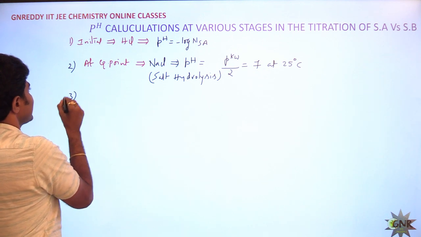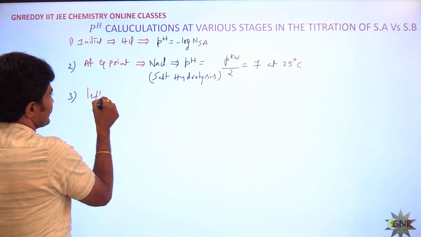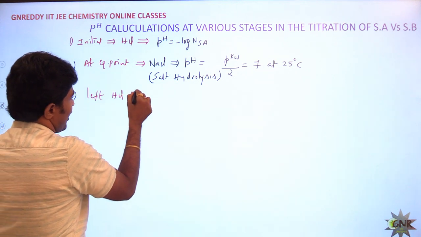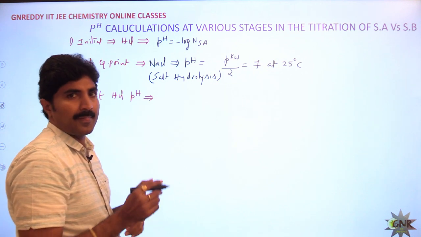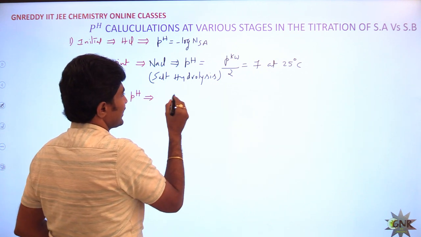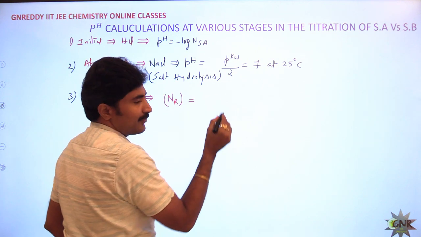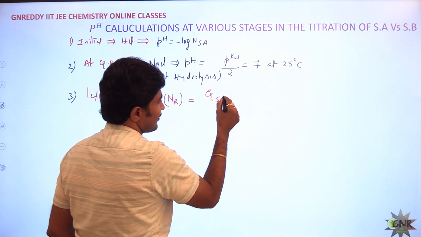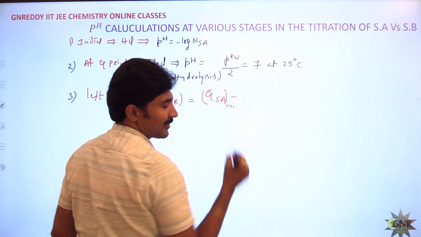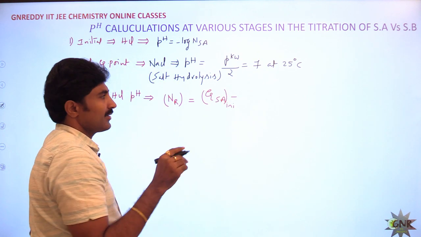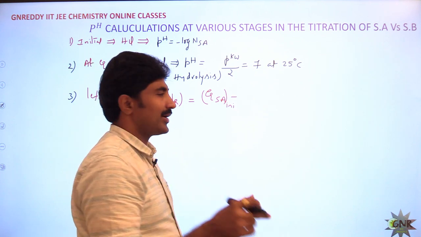So what about this left HCl pH? How will this be calculated? This will be calculated from the resultant normality of the solution at that stage. At the beginning level we have taken some equivalents of strong acid initially. In that, some equivalents are consumed by adding sodium hydroxide.